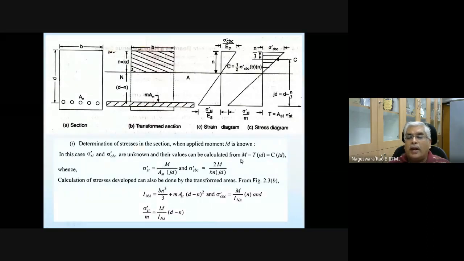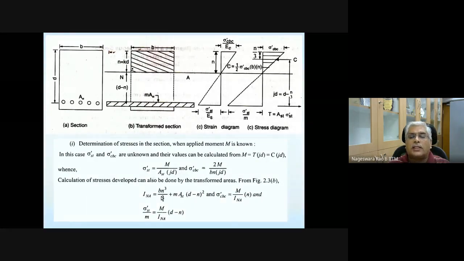So the applied moment M is equal to T times lever arm, which is JD, or C times JD. If you have this relation, you can easily find the stresses given a particular moment.